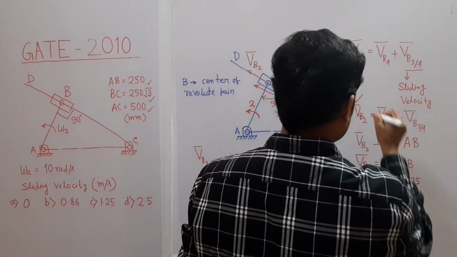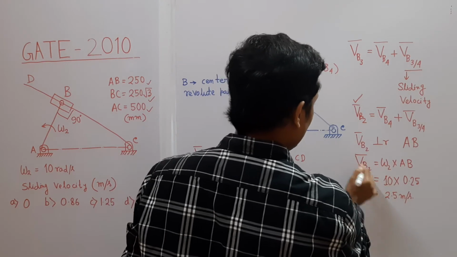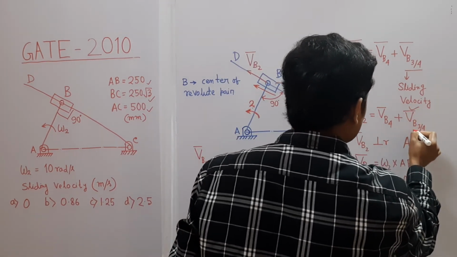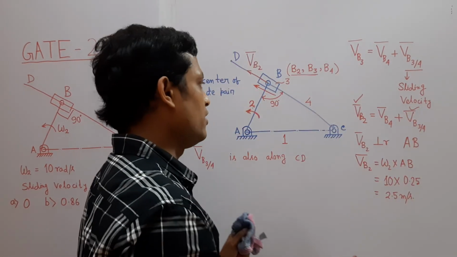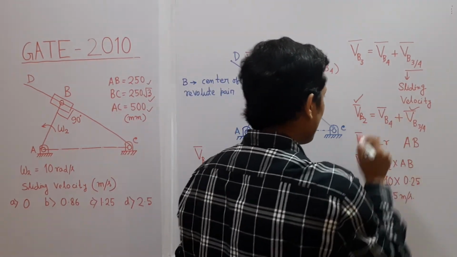We have determined the magnitude and direction of V2, and we know the direction of V3/4 but do not know its magnitude. What about V4?